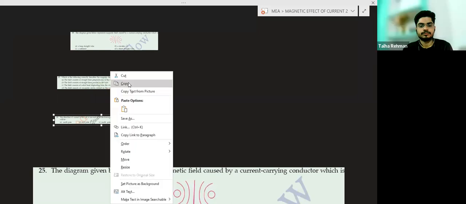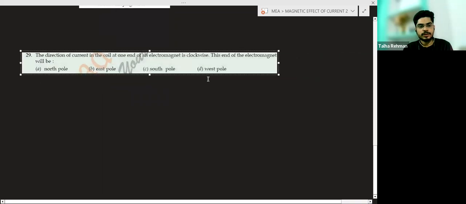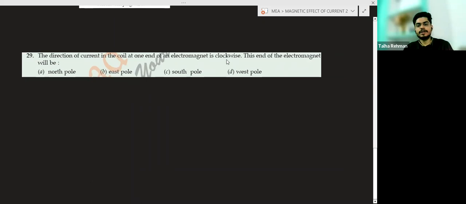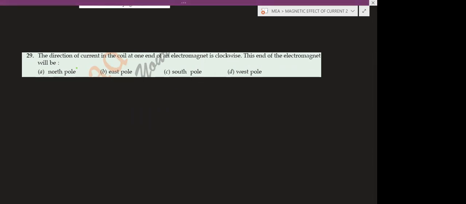Okay, now third question. The direction of the current in a coil at one end of the electromagnet is clockwise. The end of the electromagnet will be South.